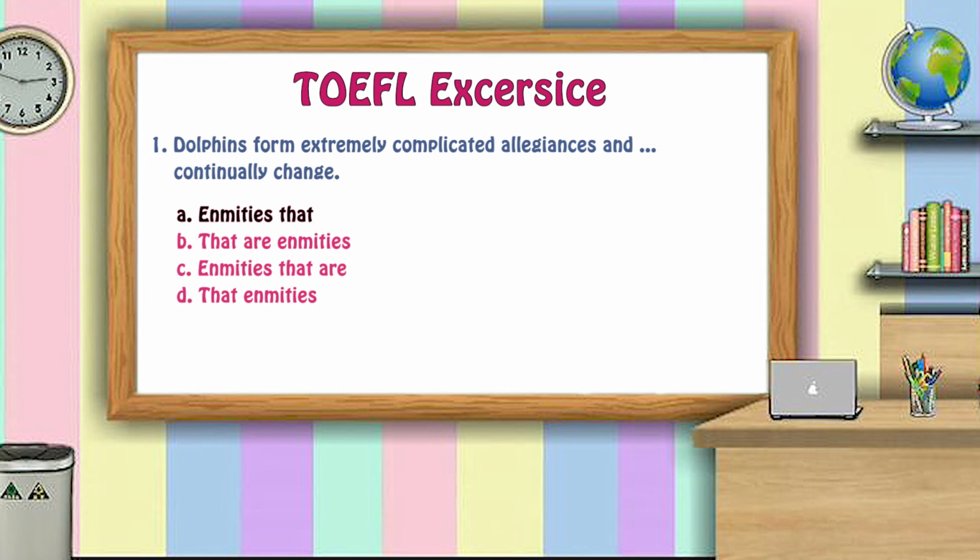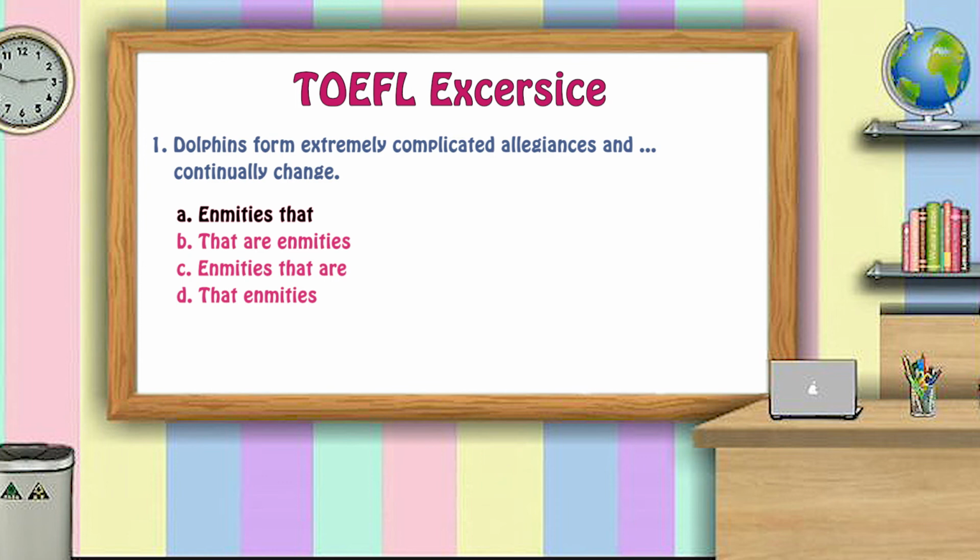If change were verb 3 or past participle, the answer could be C, that are continually changed. But here we have change, so amenities that continually change. The answer is A.